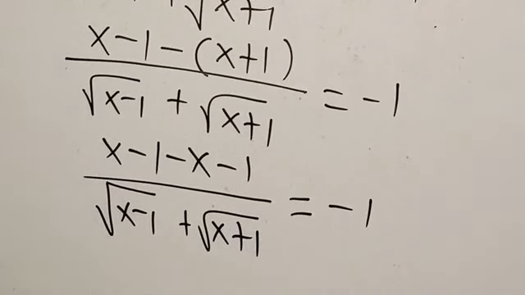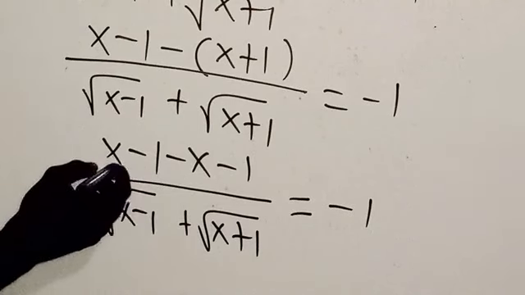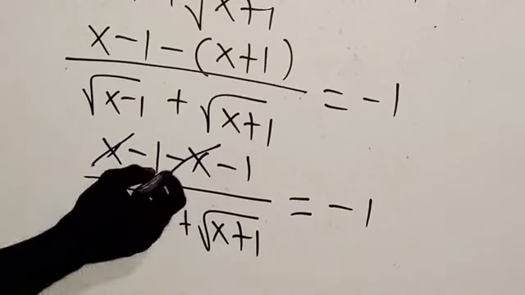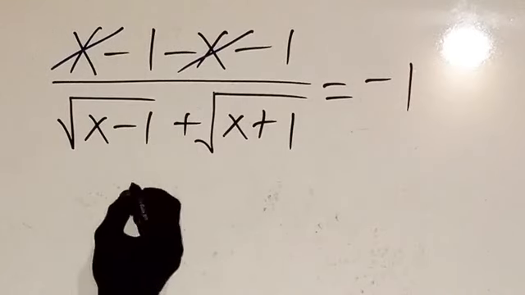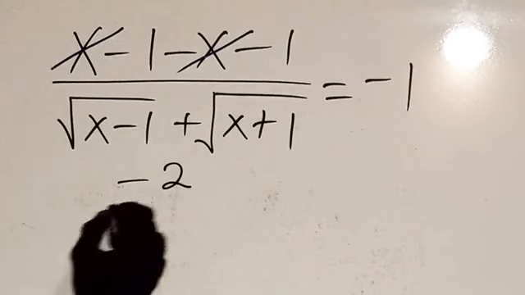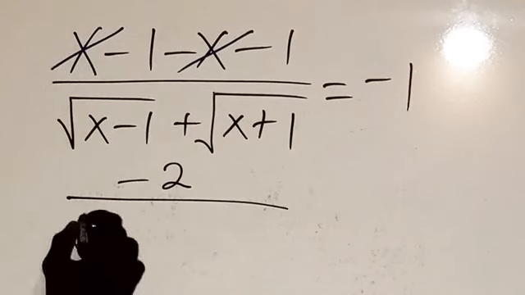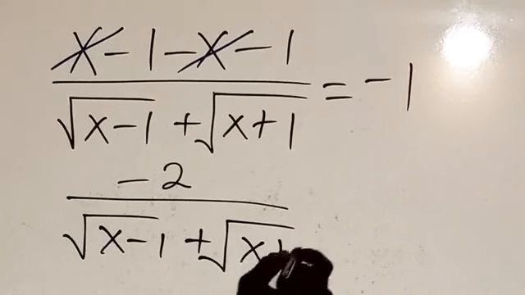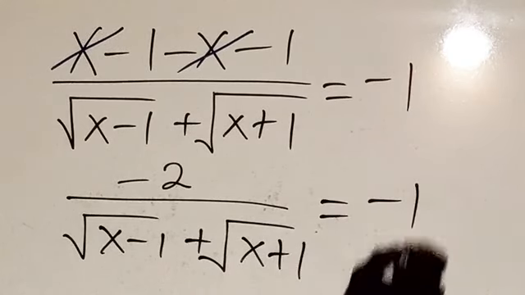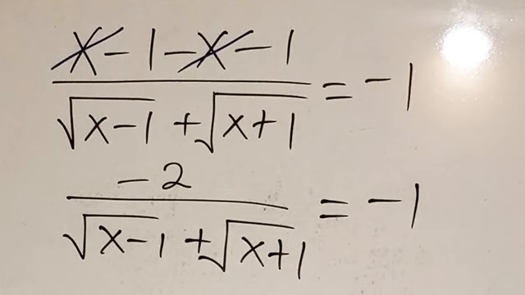Now we can see that we have x minus x here, so this x cancels this minus x. Here we have minus 1 minus 1, which is minus 2, divided by root x minus 1 plus root x plus 1, and that is equal to minus 1. Now you see that we cancel this minus with this minus.